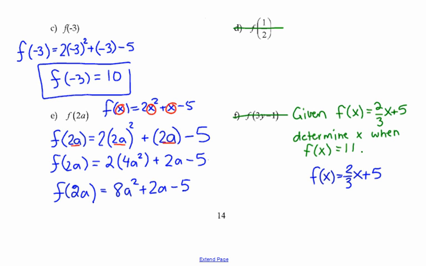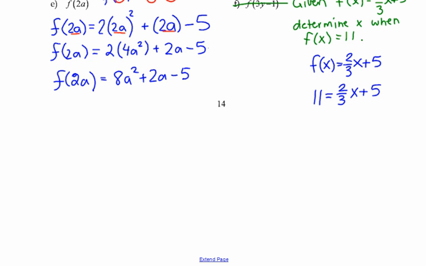Who do we know? 11 is equal to f of x. That's who I'm replacing. F of x is equal to 11. We know our output. We don't know our input. We know our y value. We don't know our x.